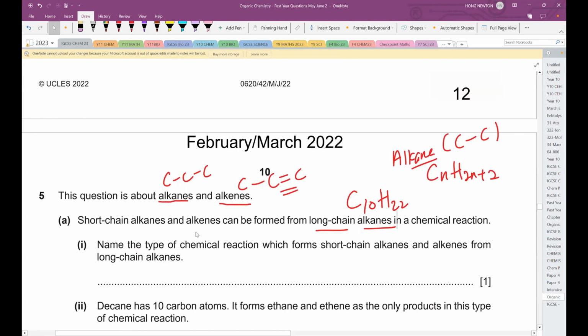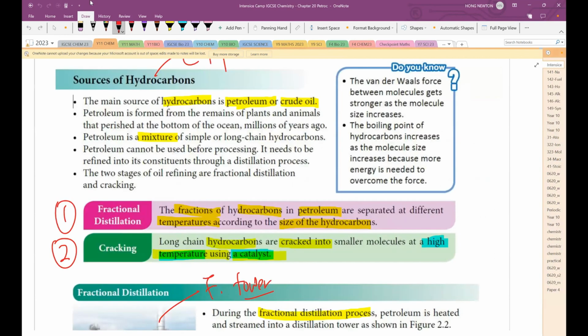Name the type of chemical reaction that forms short chain alkane and alkene from long chain alkane. Look at our previous revision notes from the intensive class. To break down hydrocarbons, we can use two methods. The first is fractional distillation, which normally applies to liquid hydrocarbon such as petroleum.